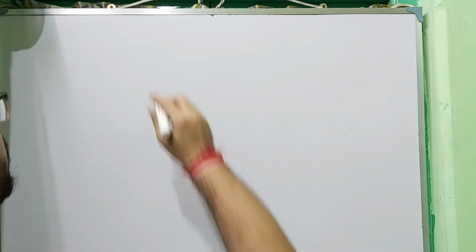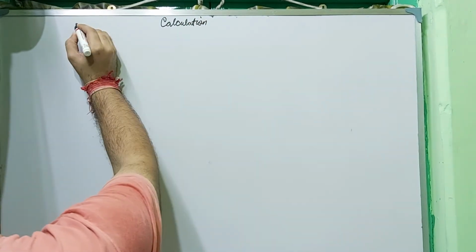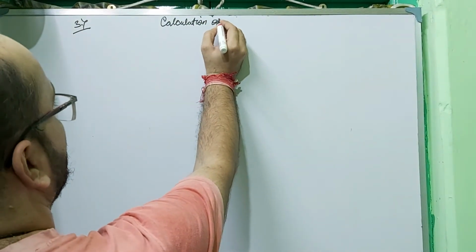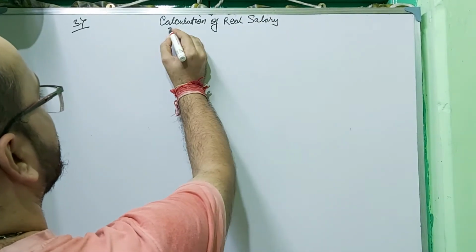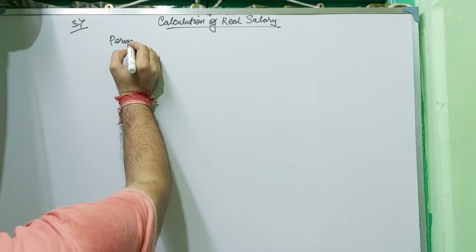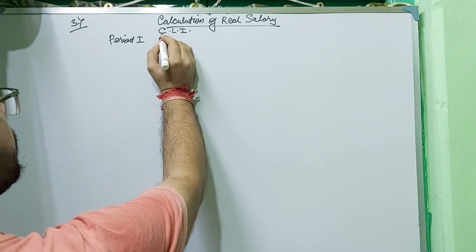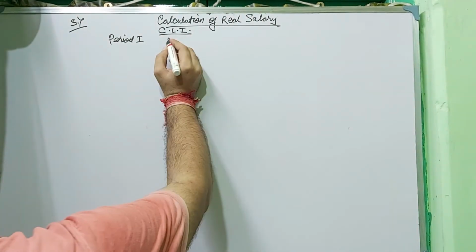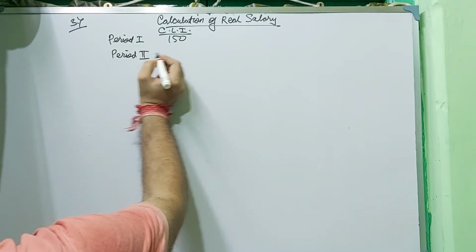Okay? So, as during a certain period, CLI goes up 150 to 180. So, calculation of real salary. This is sum number 3. Calculation of real salary. How you can calculate that? Period 1 says that CLI will increase from 150 to 180, means 150 in period 1, period 2 it will be 180.